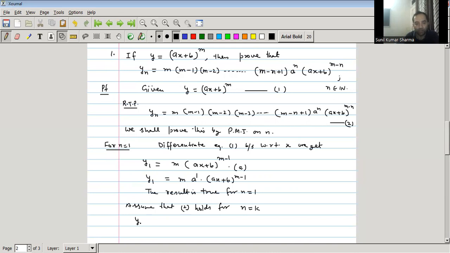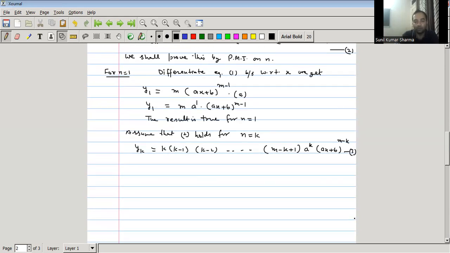So we put n equal to k, then yk equal to m into (m minus 1), (m minus 2) into (m minus k plus 1) a to the power k (ax plus b) to the power (m minus k). Let this be 3. So we assume that the result holds for n equal to k. Now we have to show that the result is true for n equal to k plus 1 also.